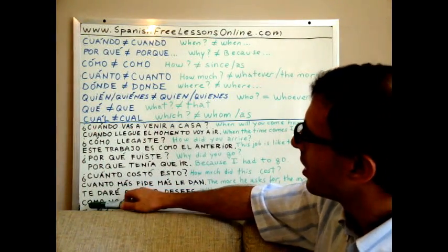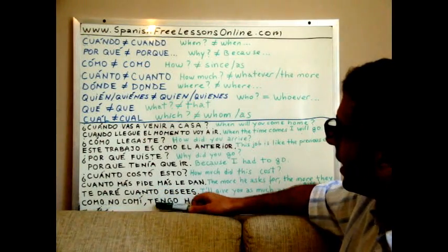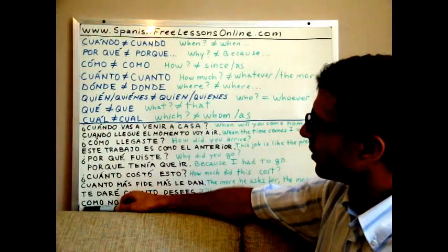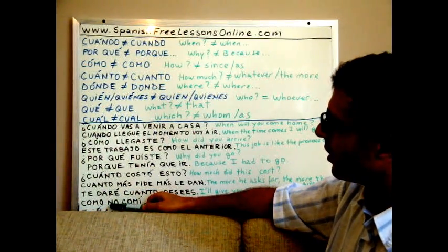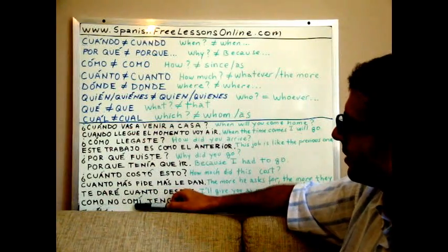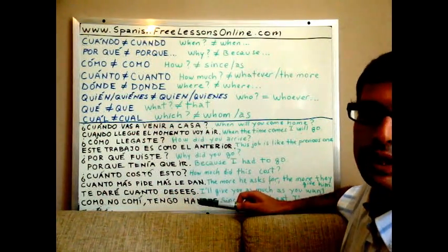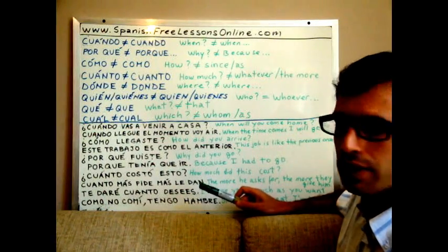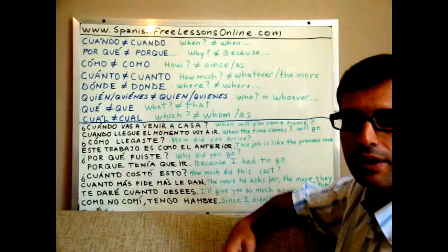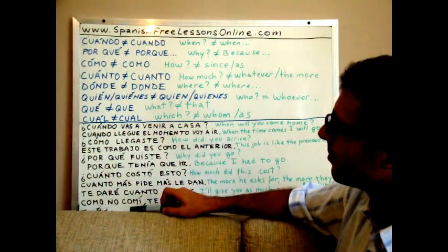So since I no ate, or since no I ate, I have hunger. That would be the word-by-word translation. That, of course, means since I haven't eaten or since I didn't eat, I'm hungry, right?